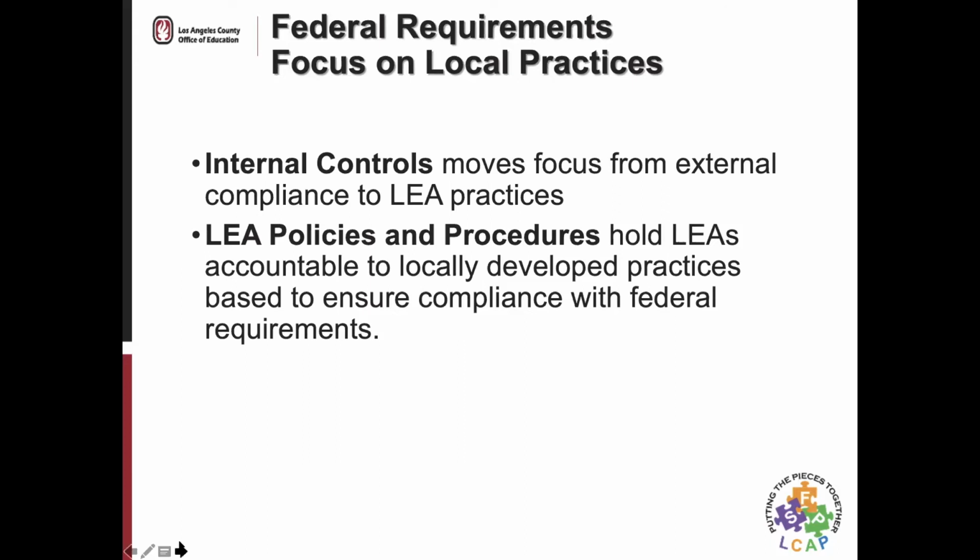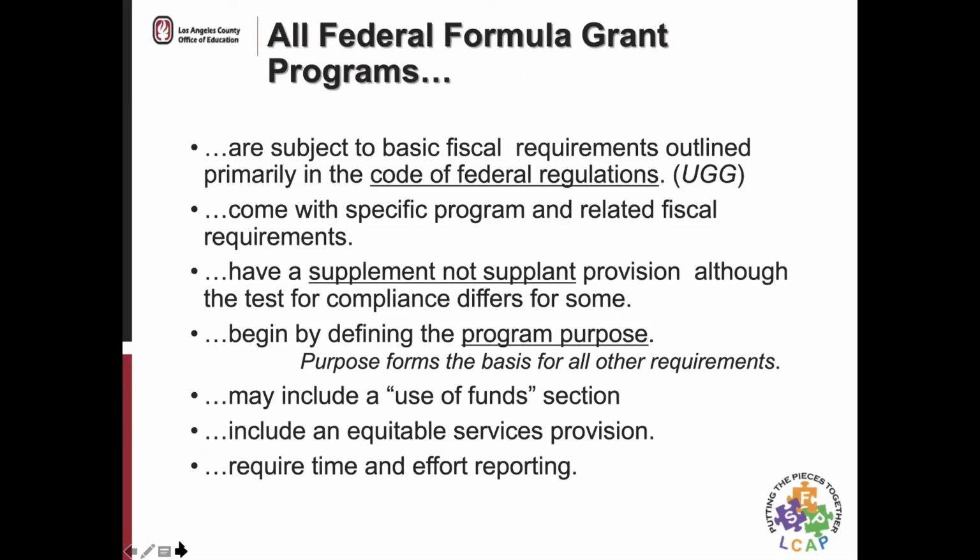So federal formula grant programs, okay. There are a lot of sources for federal requirements, and you need to look at them in total. Something can be allowed under one set of requirements, but not under another. So the Code of Federal Regulations provides general requirements for all federal programs. But in addition, you have to go deeper and look at each program, and they have additional separate requirements.